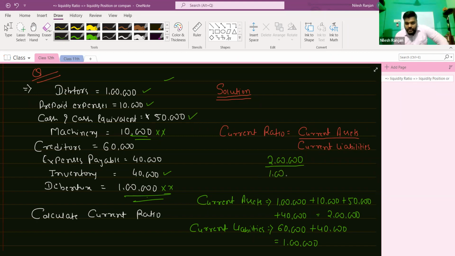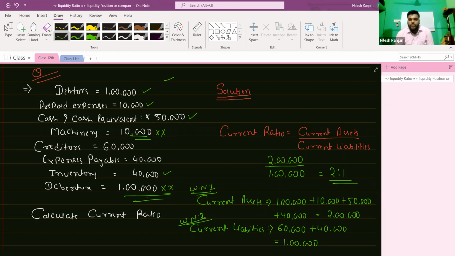So the ratio will be 2 is to 1. These are actually working note number 1 and working note number 2, and the upper part is the main solution for us.